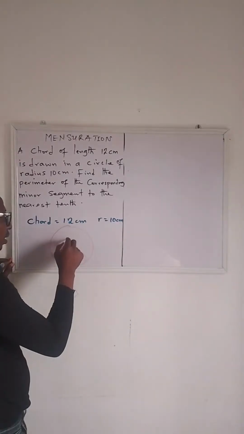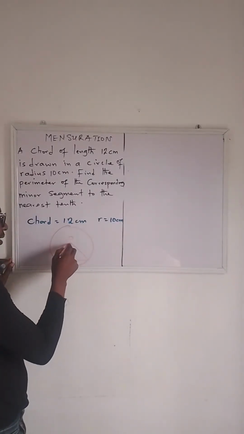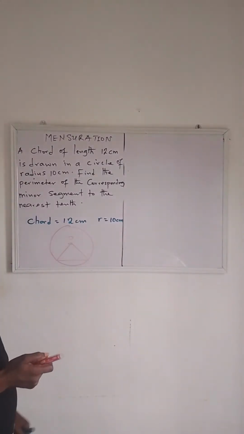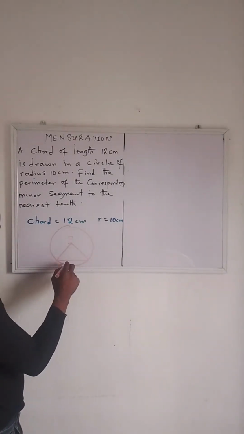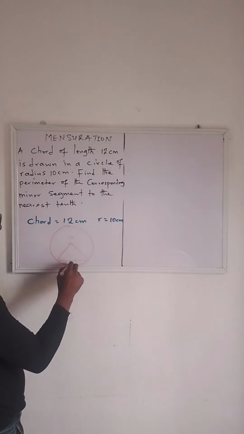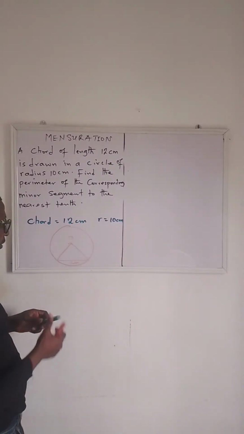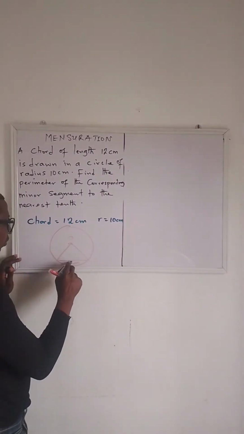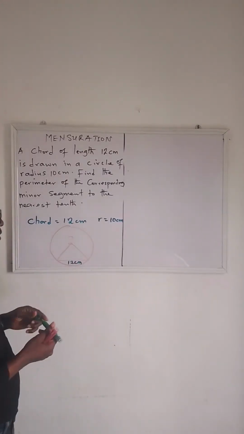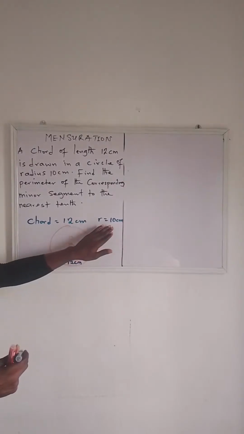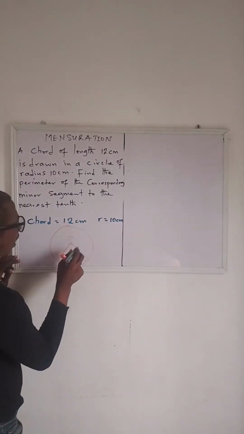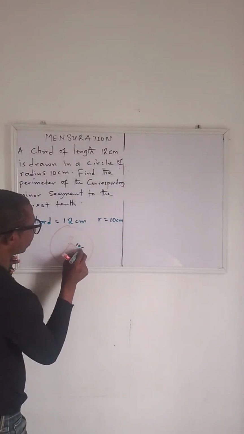It's just the shortest distance between the center and any part of the circumference. The length of this chord is given to be 12 centimeter, and the radius is given as 10 centimeter.